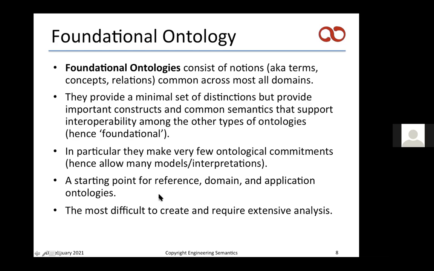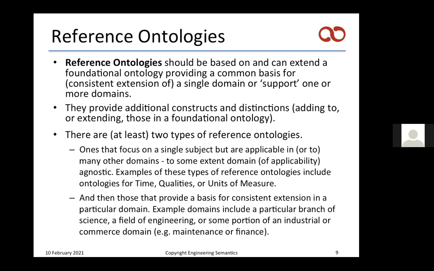They can be used, or should be used, as a starting point for reference, domain and application ontologies. And they are literally the most difficult things to create and require a heck of a lot of work. So once someone's done all that work, if you think it is of value, you should make use of it. Okay, so the next level is reference ontologies.